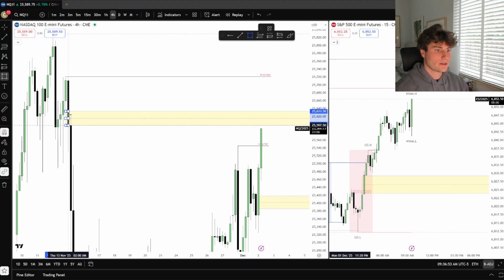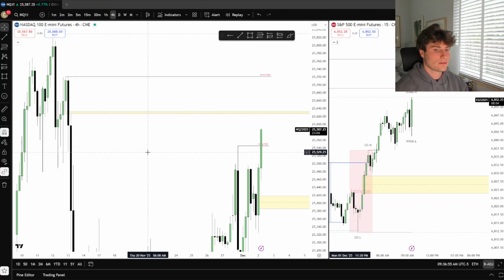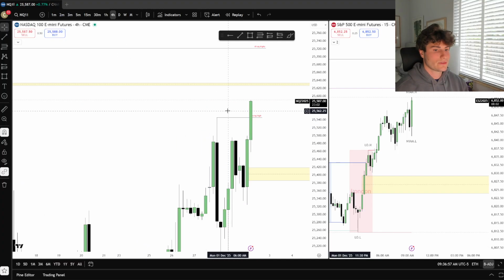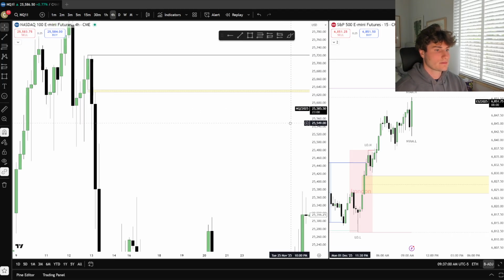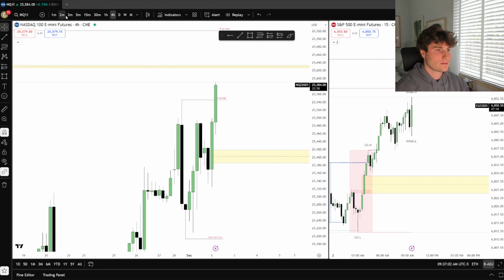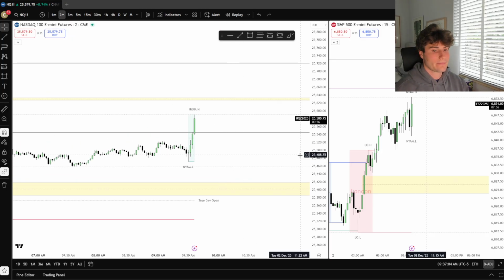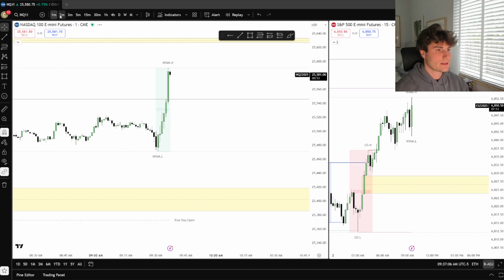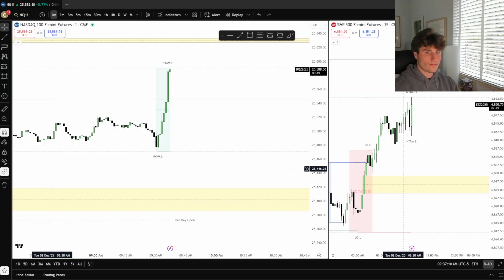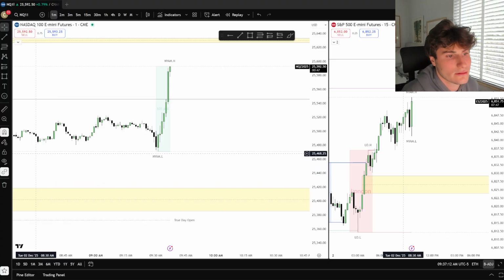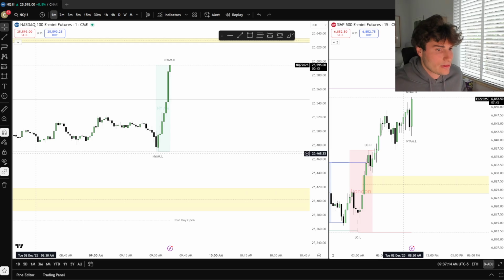This could be a nice place for price to also reverse from off of this high. We got time. It's still so early. But this is what I like to see. It's good price action.